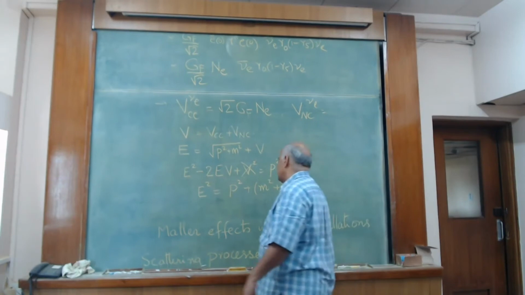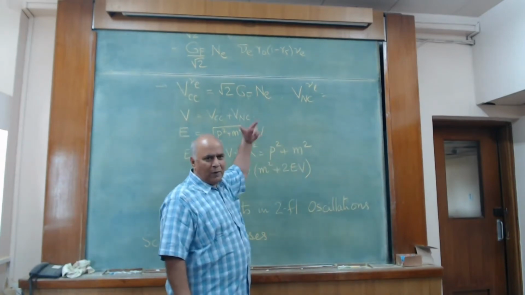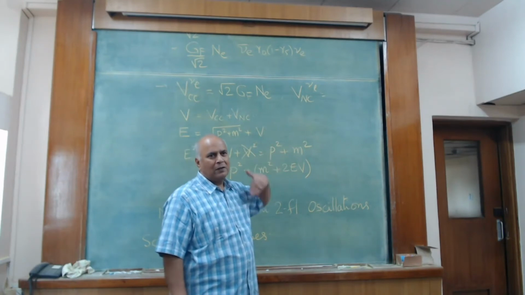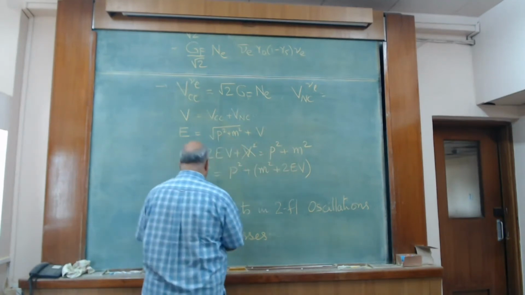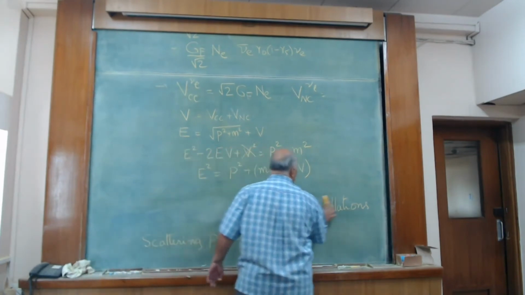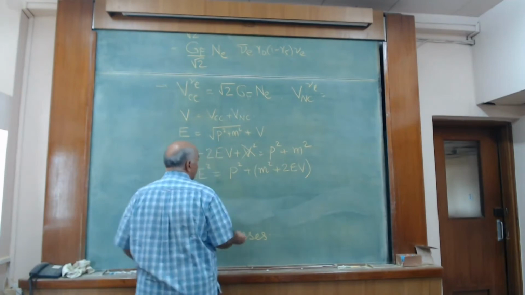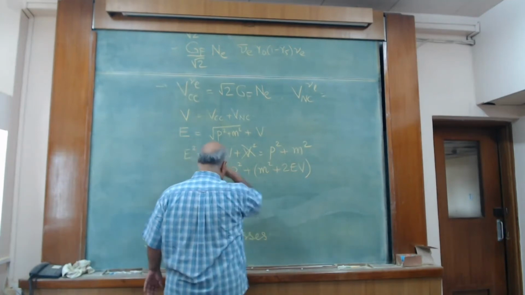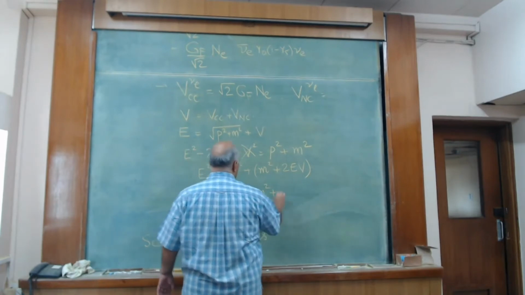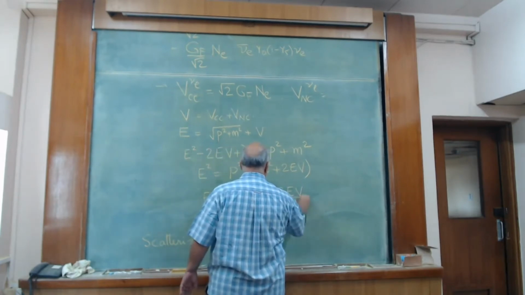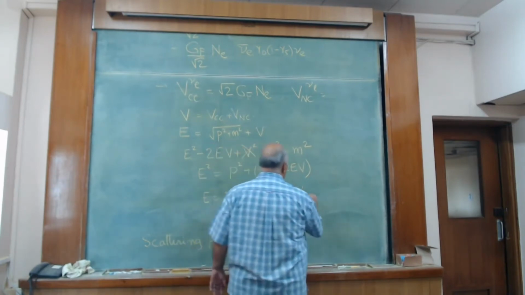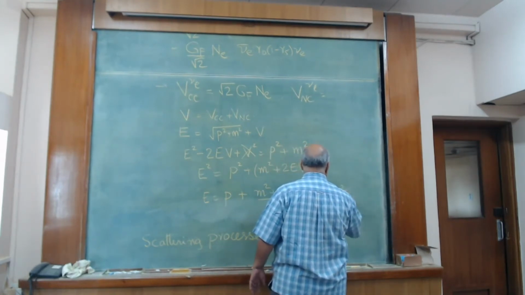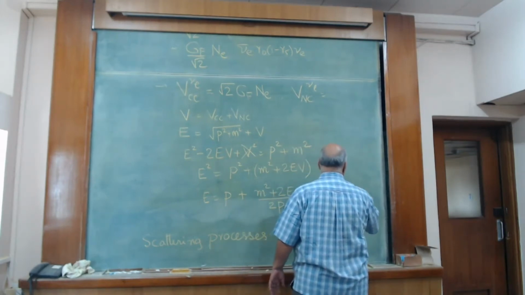Having written it like this, I make exactly the same approximations I made before: the ultra-relativistic approximation, equal momentum approximation, etc. By doing that, I get E is equal to P plus (M squared plus 2EV) by 2P, which is approximately P plus M squared by 2E plus V.